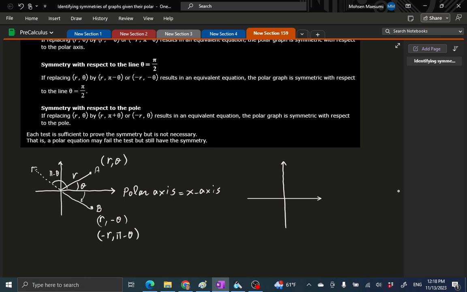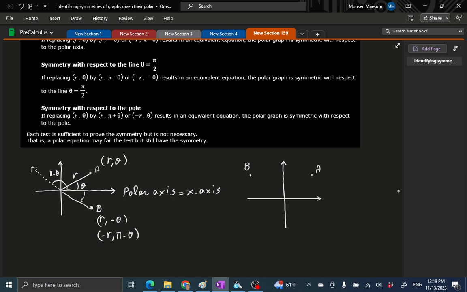How about here? Well, let's look at the point A. Suppose that A and B, both of them are on the same graph. If that is so, then it is symmetric with respect to y-axis, which is theta equal to pi over 2. But how is that in polar?